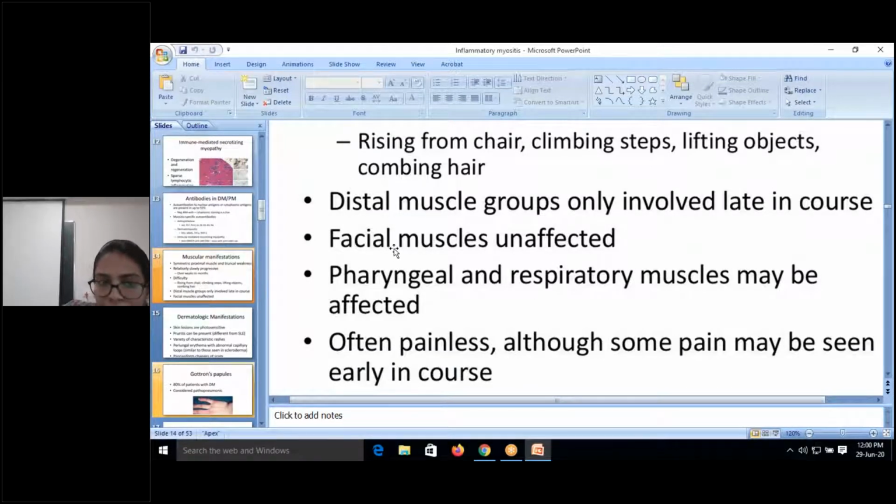So early presentation can be pain. After a few days you can have weakness, or weakness and pain can both exist together. Also, creatinine kinase will be very high in the initial stages. Gradually, as muscle death occurs at the terminal stages, the creatinine kinase levels might not be as high as in the earlier stages, because when muscle necrosis is happening, creatinine kinase is very high.